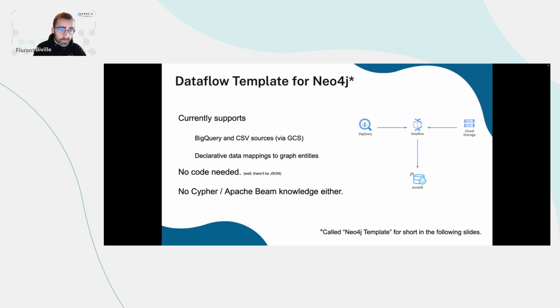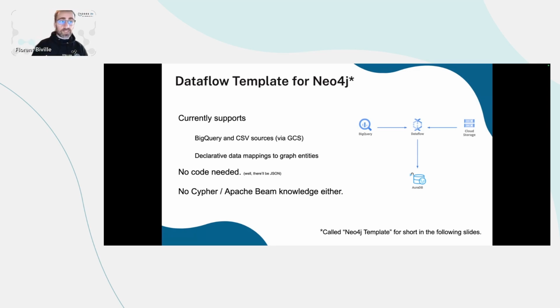And then you will give a declarative import spec. If you've watched the talk I gave with my colleague Ali, and if you have not, I recommend you do, the import spec is basically the formalism we use to describe the import pipeline you want for Neo4j. So it's another abstraction level.